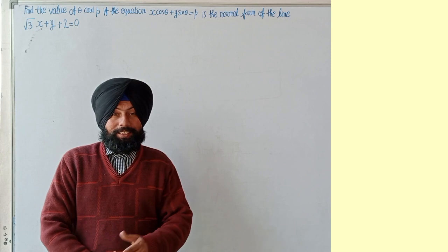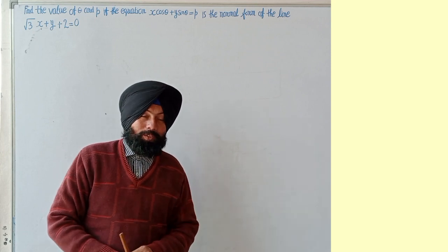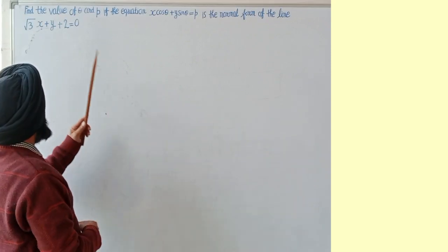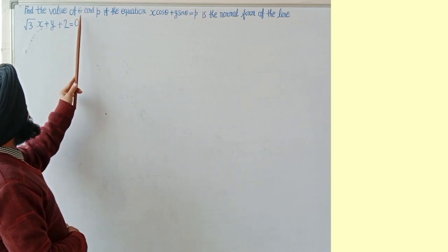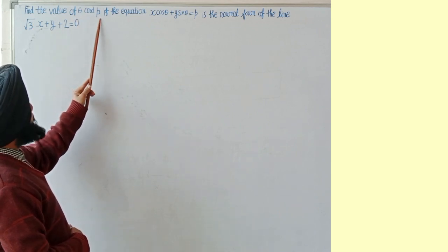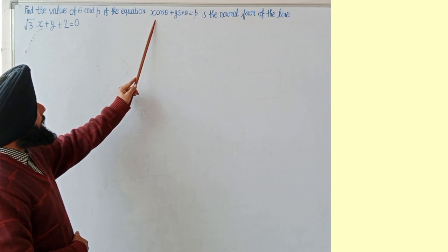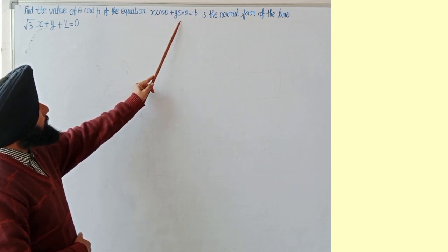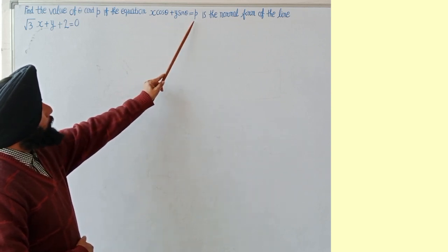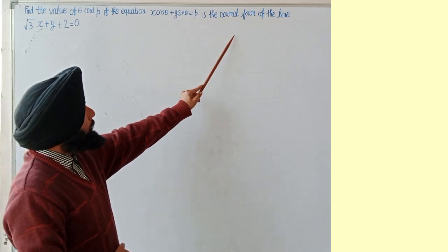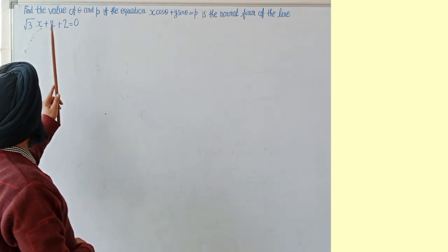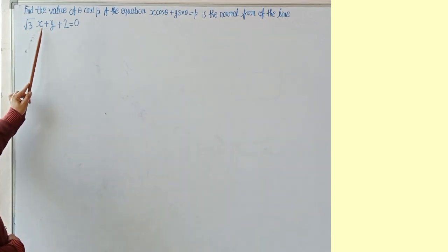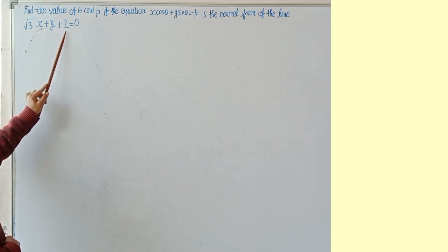Now students, in the next sum what we have given, find the value of theta and p if the equation x cos theta plus y sin theta equal to p is the normal form of the line under root 3x plus y plus 2 equal to 0.